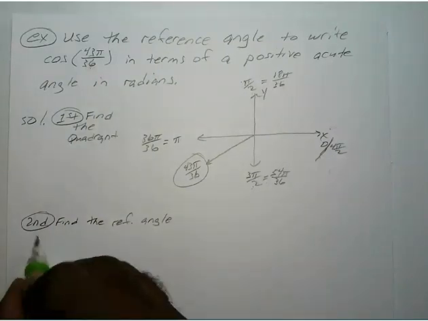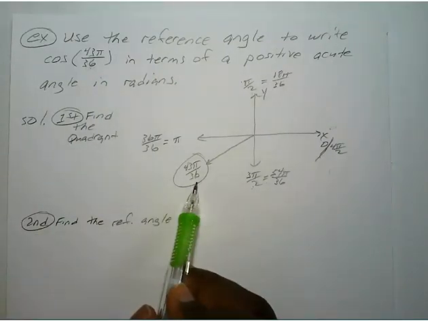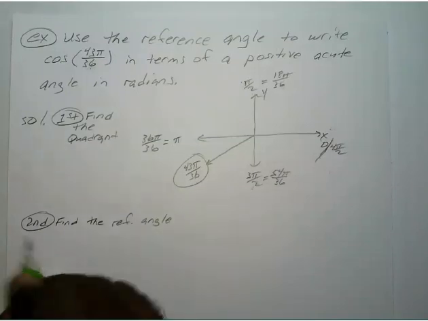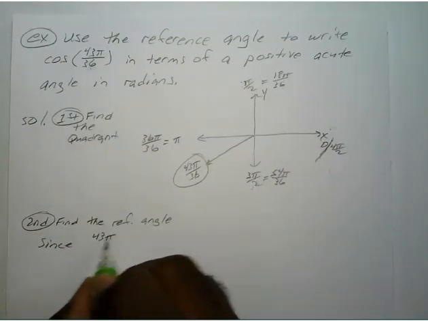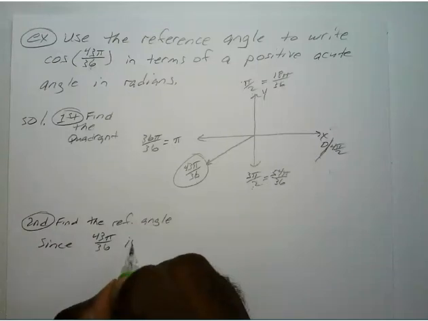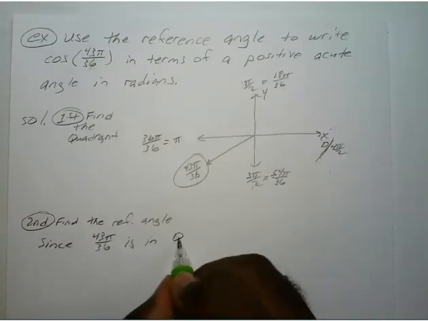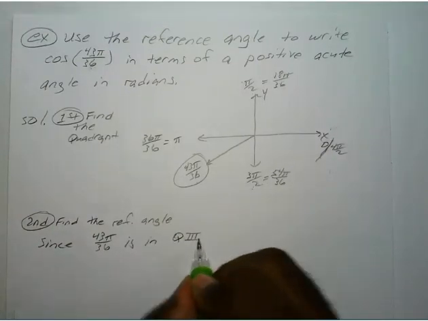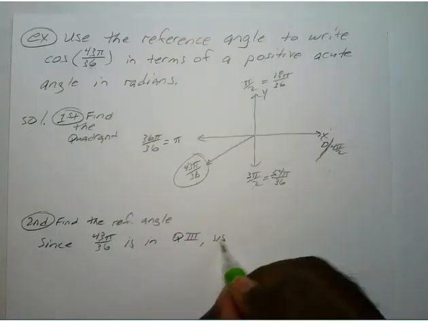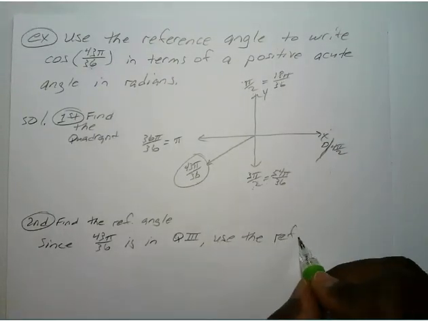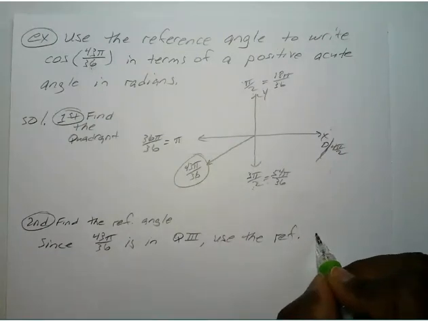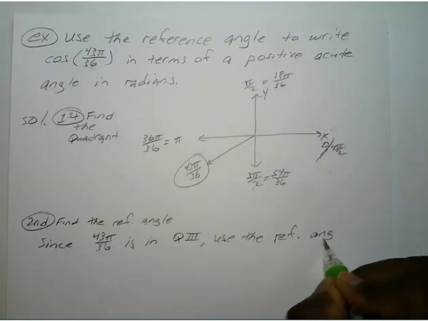Okay, so we know that 43 pi over 36 is in quadrant 3. Since 43 pi over 36 is in quadrant 3, use the reference number, or number or angle, whichever word you want to use.